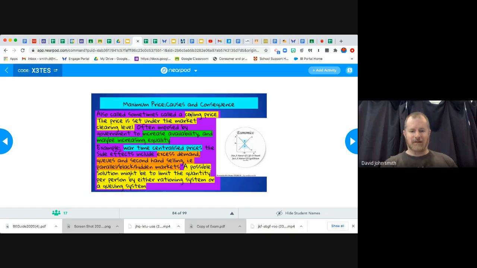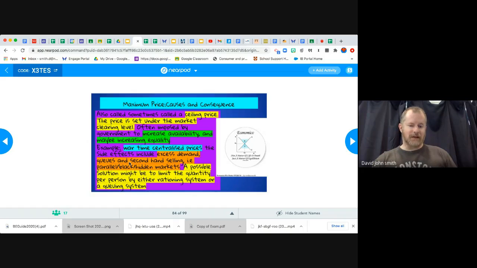So in the case of a ceiling price, a maximum price, you're going to end up with an excess of demand. So many people wanting this product, but not enough of it. And it'll be set by law, so the only way for that situation to change will be if the government decides to change the law.